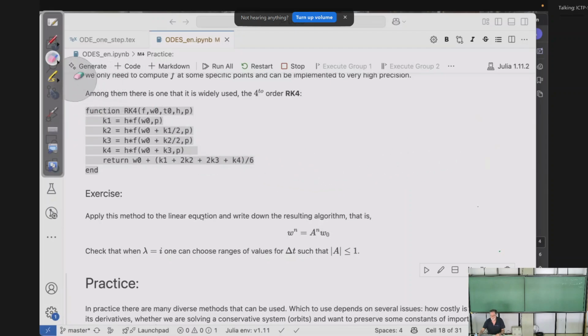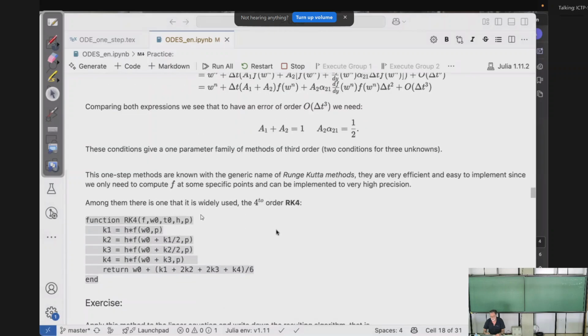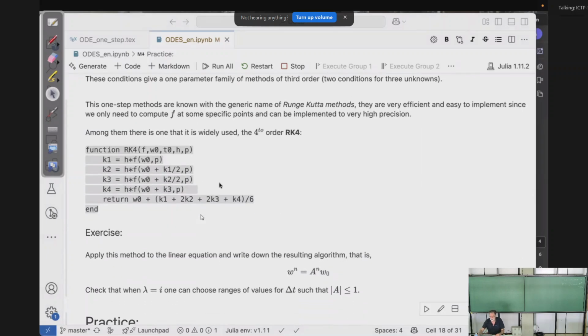For this method, there is a one parameter family. For this other method, there are many. So there are many, for instance, fourth order methods. This is the most known, but there are many. Then there are 5, 8, 16, or whatever people have done for different problems.